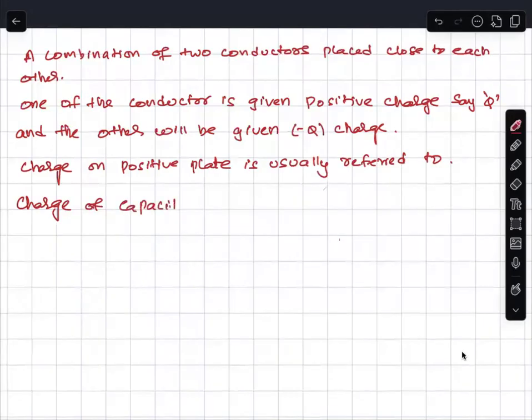But please remember, net charge is always zero.